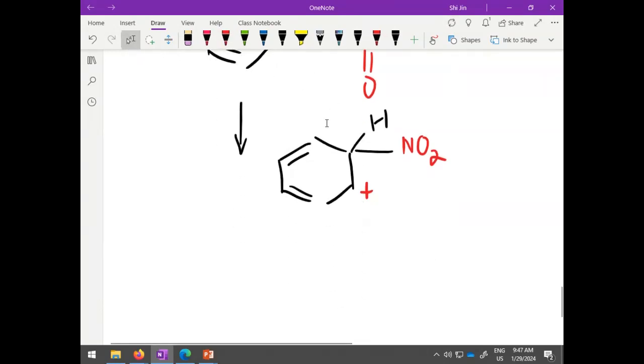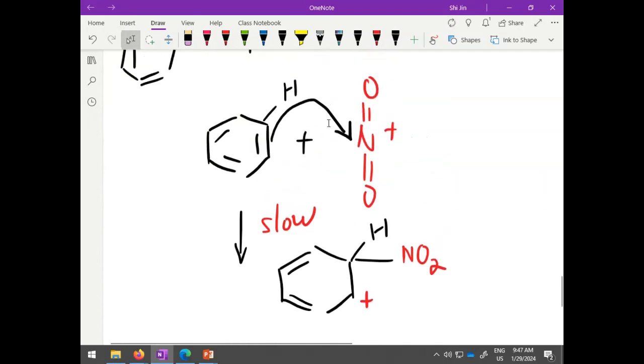So that is the rate limiting step, the slow step, and then obviously you're gonna have base in the system here. Obviously you're gonna have water here because the sulfuric acid takes water from the nitric acid.